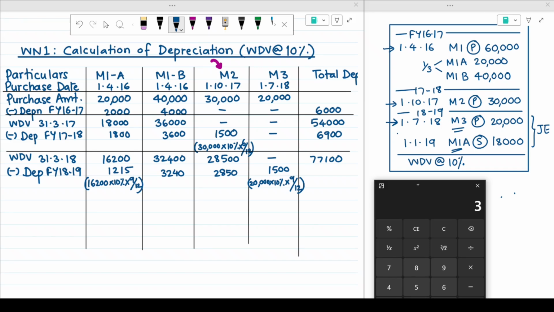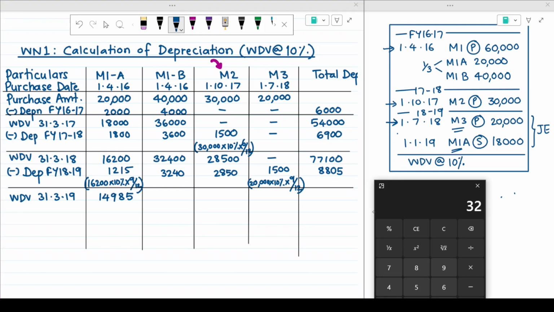So let's do the depreciation total now. 1215 plus 3240 plus 2850 plus 1500, we've got 8,805. Correct? And after this, we'll do the WDV as on 31/3/19. 16,200 minus 1215, that is 14,985.